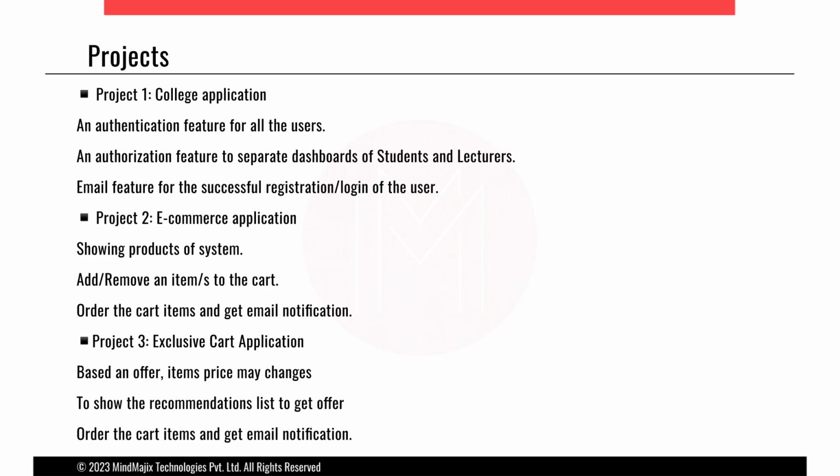In this project, an exclusive cart application, based on a few offers, the offer price may change. And also here we can show the recommendation list to get an offer, and we can do the order of cart items and we'll get the email notification. So these are the projects involved in our course.